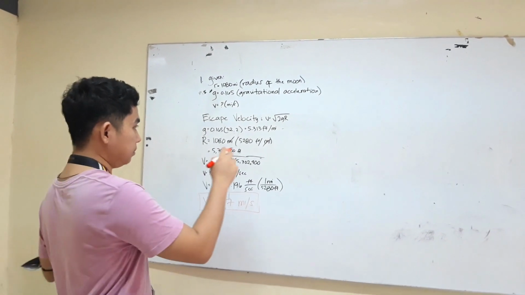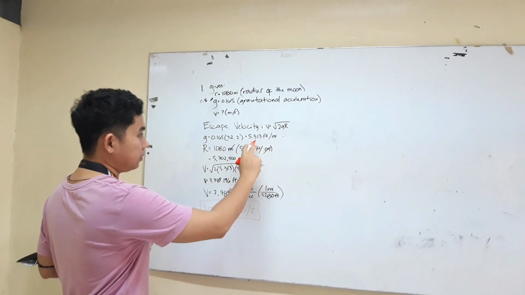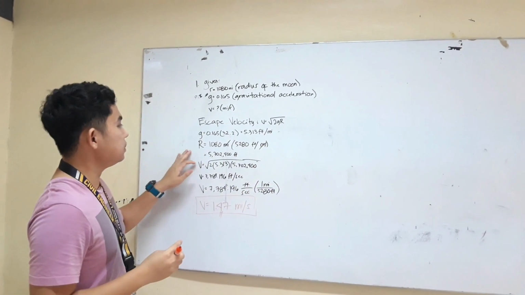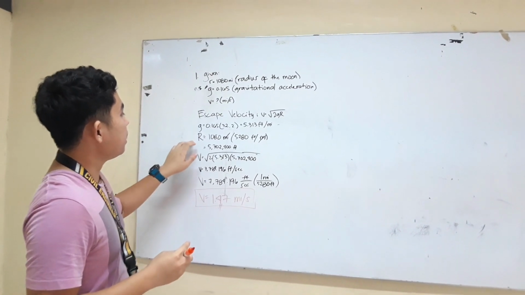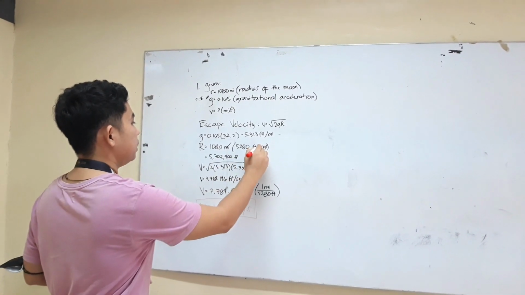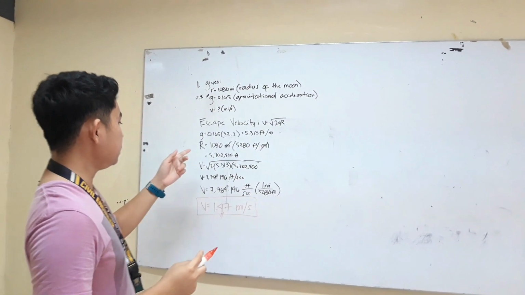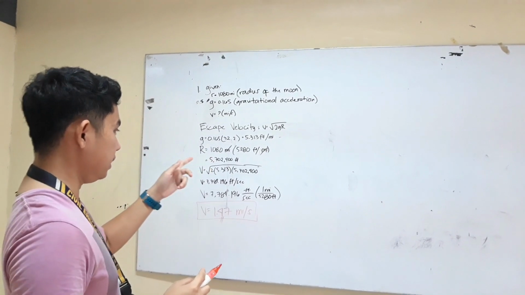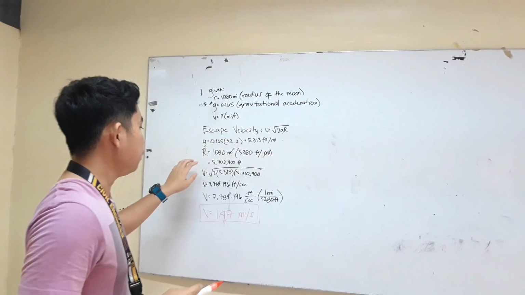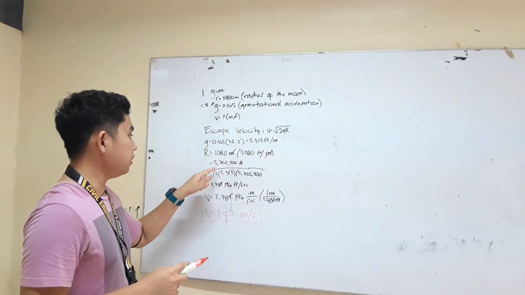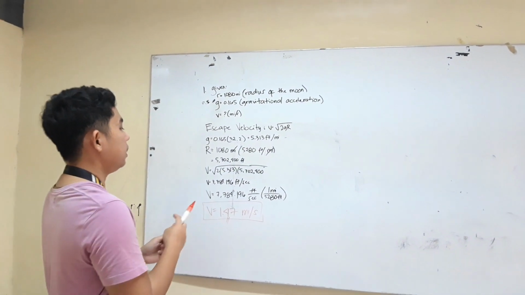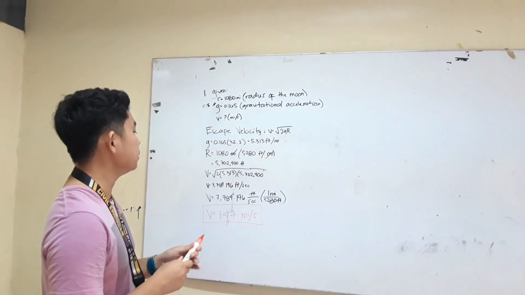Calculating, we get 5.313 feet per second squared. Then for the radius, since it is in miles, we convert it into feet. 1,080 miles times 5,280 feet over 1 mile, we get 5,702,400 feet.